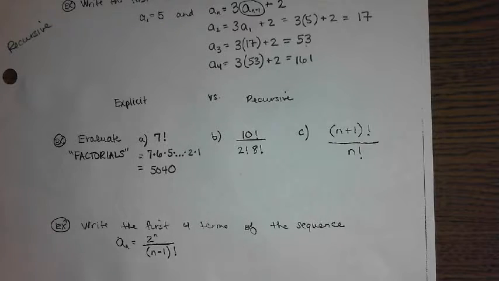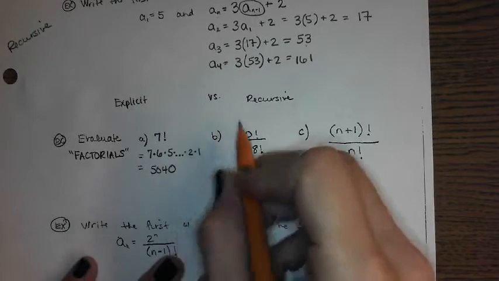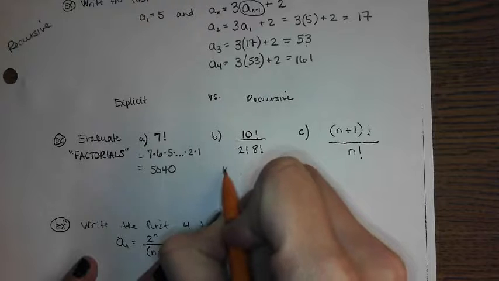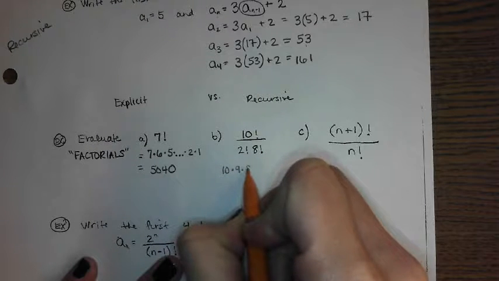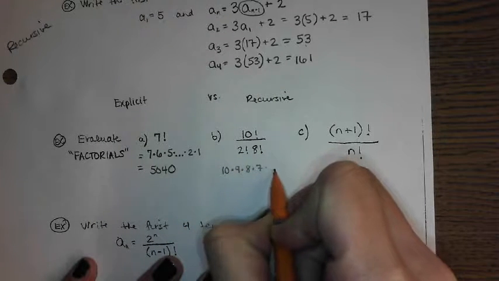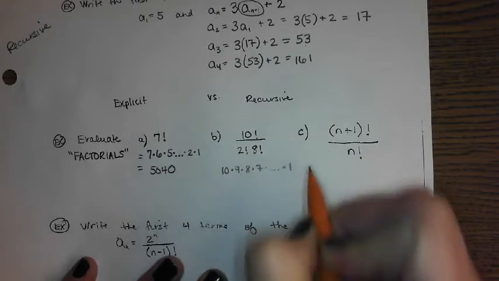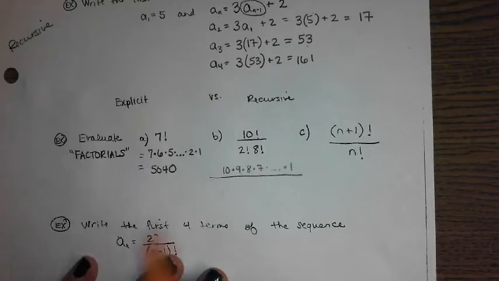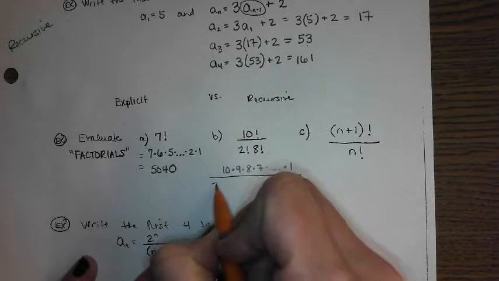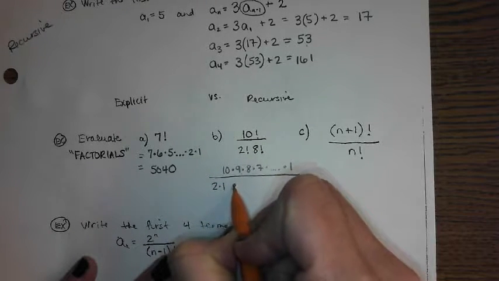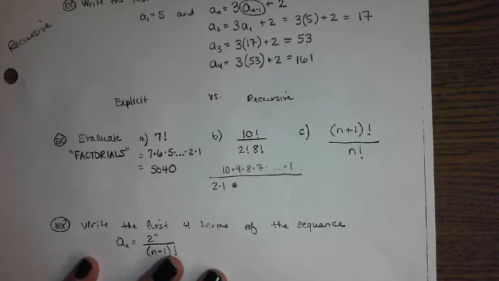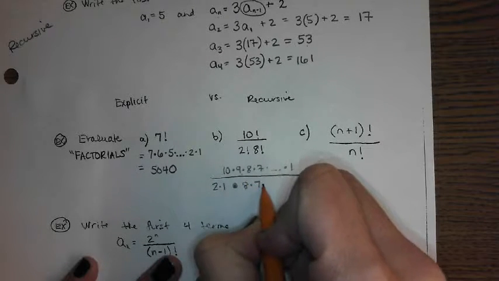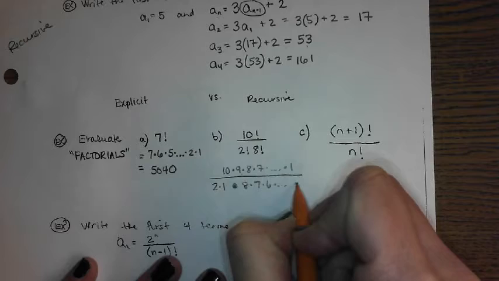And if you think about the meaning of factorial, the numerator is 10 times 9 times 8 times 7 times ... all the way down to times 1. Your denominator is 2 times 1 times 8 times 7 times 6 times ... all the way down to 1.